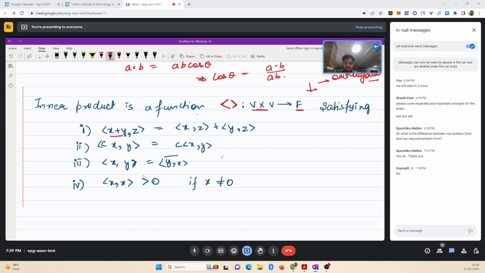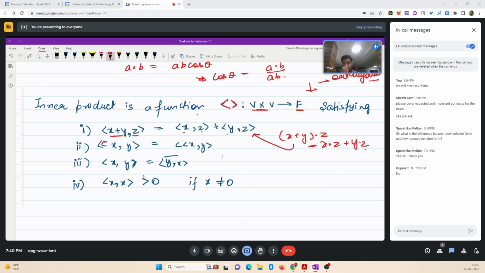If you have x plus y in the first position, then this should split into two parts. That is, x plus y with z is x with z plus y with z. If you just look at it with respect to dot product, this is true, right? So the same thing is generalized using this first definition.